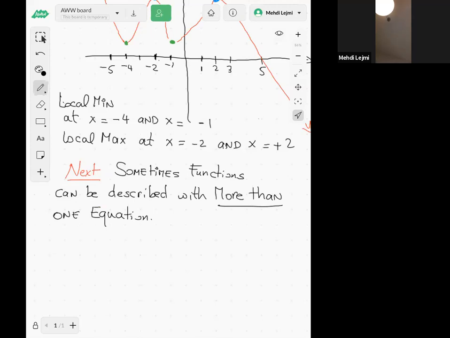So that's what we call piecewise functions.